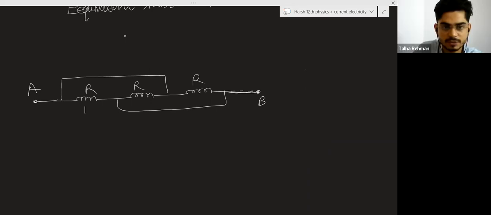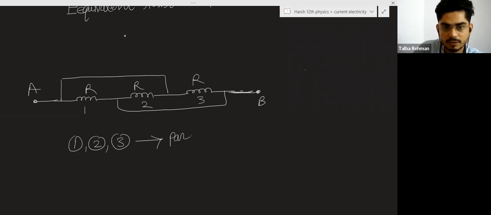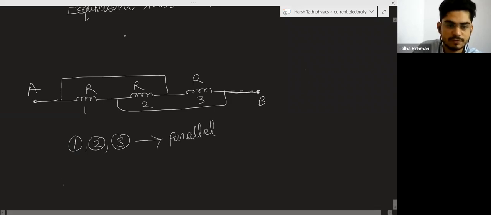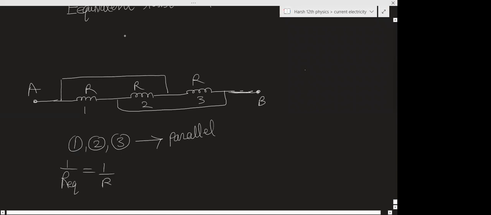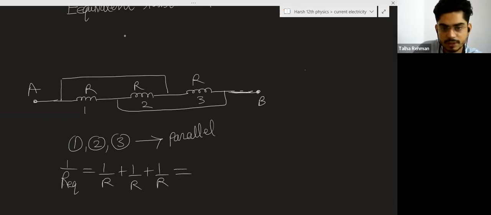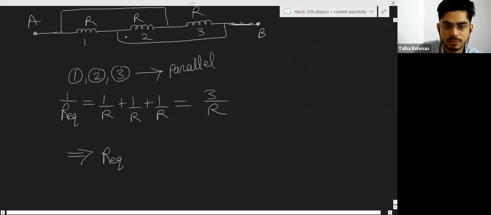If this is 1, this is 2, this is 3. So you can find the equivalent resistance: 1 upon R equivalent is equal to 1 by R1 plus 1 by R2 plus 1 by R3. That is 1 by R plus 1 by R plus 1 by R, which is equal to 3 by R. And R equivalent you will get is R by 3.